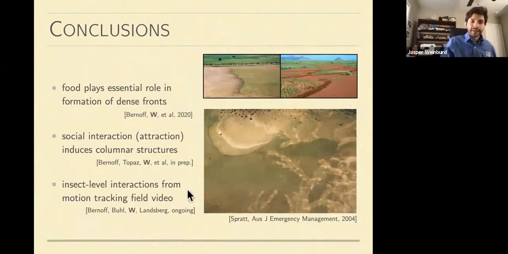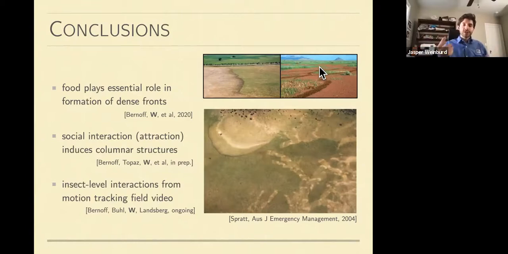And then lastly, in ongoing work, we're trying to get down to those real individual level mechanisms by doing some motion tracking. And I want to conclude with this last image here because the two images at the top are on either side of what I think of as a spectrum.